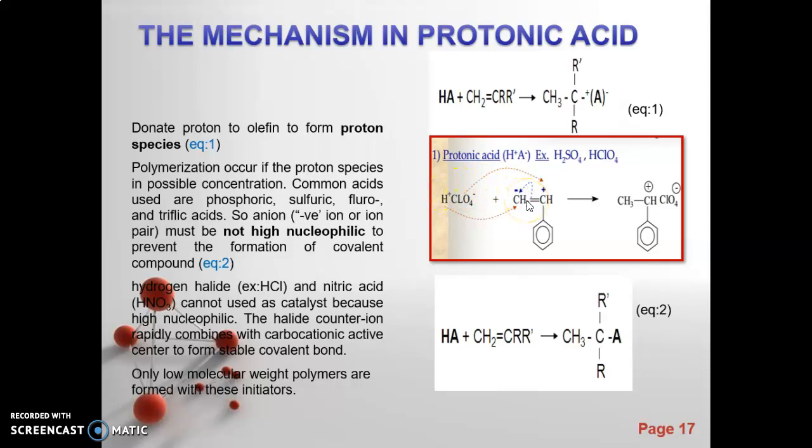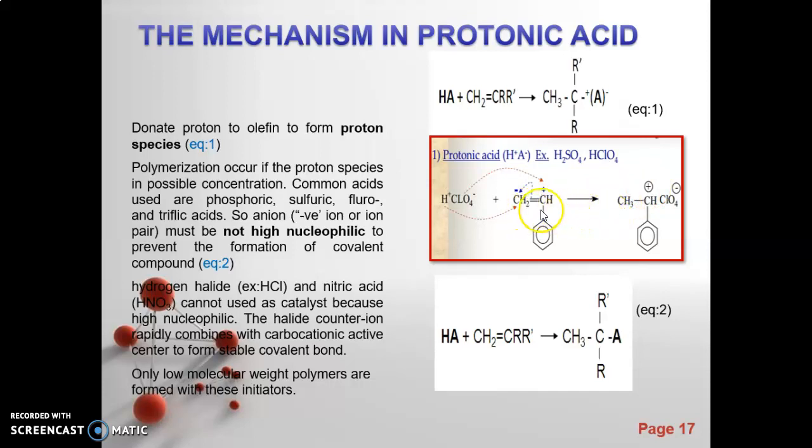Okay, so we can get this structure. So cationic polymerization, kita panggil cationic polymerization because of the presence of the positive charge at the carbon atom here. Okay, so positive means the loss of the electron. Compared to anionic polymerization, the carbon here has a negative charge. Okay, for cationic, it will be left with positive charge.